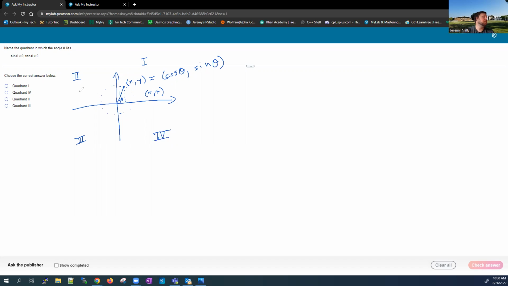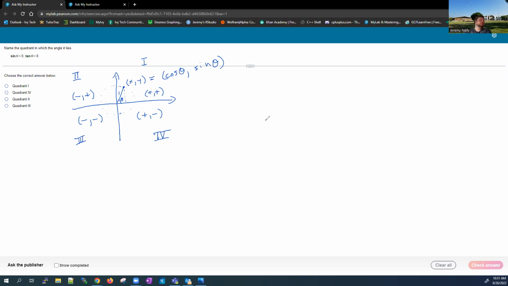When we get over to quadrant 2, x is negative, y is still positive. Quadrant 3, both x and y are negative. And then in quadrant 4, x is positive, and y is negative.